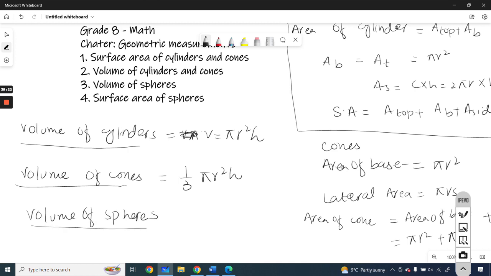So for the volume of the spheres, we have to use the formula that is V equals 4 by 3 pi r cube. Got it? Then we did the surface area of the sphere. So the surface area of the sphere is 4 pi r square. Got it?